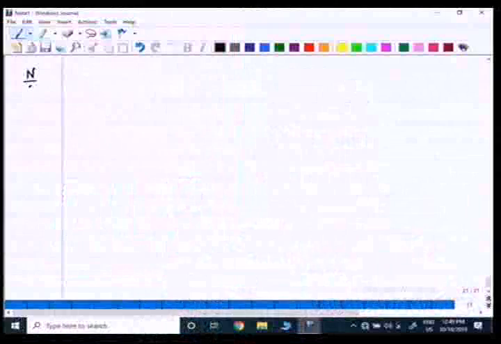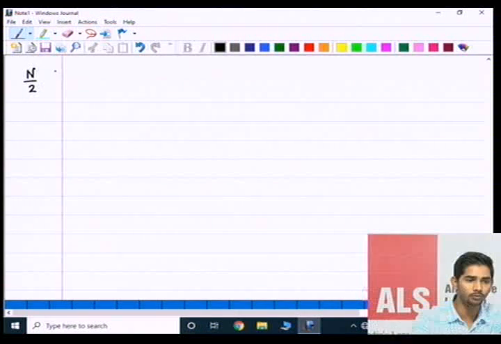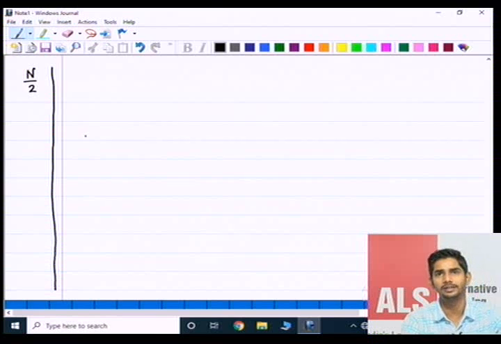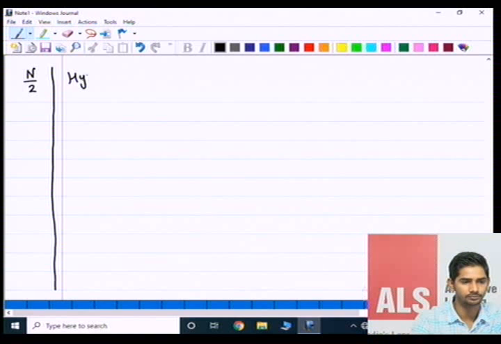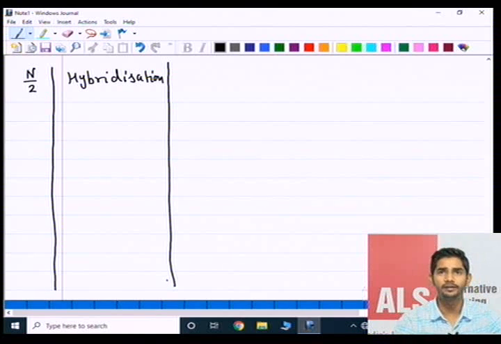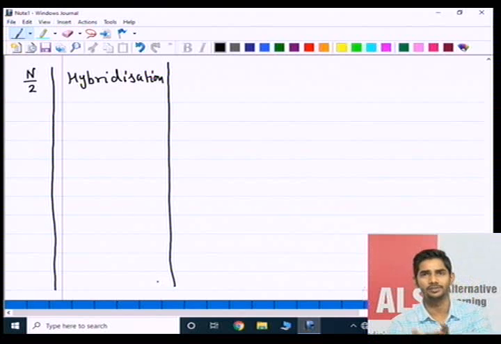One thing you have to remember is the size of the column. Guys, look at this. For n by 2, where we have to write digits only, you can make the column as small as possible. Then hybridization: need not make this column very wide, because we have to write sp, sp2, sp3d, and so on.